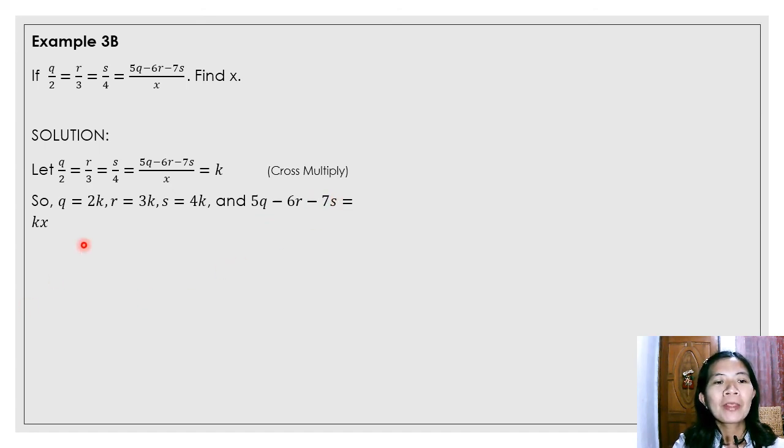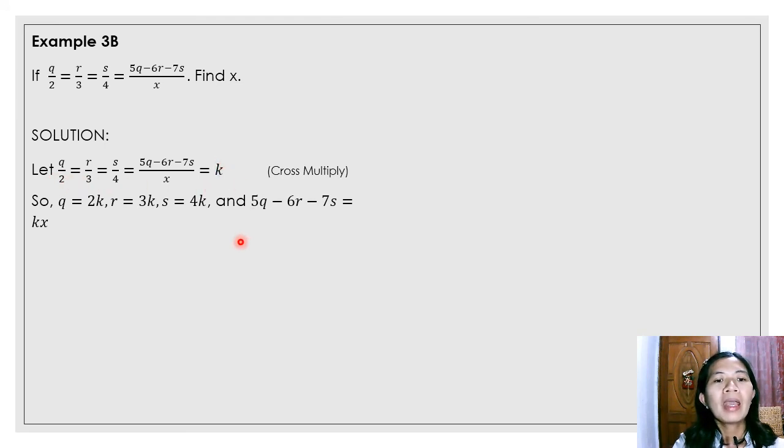We have q, cross multiplied with the 2 times k, so q equals 2k. Then r equals 3 times k, so 3k. Then s equals 4 times k. So all the denominators, we cross multiply to k.